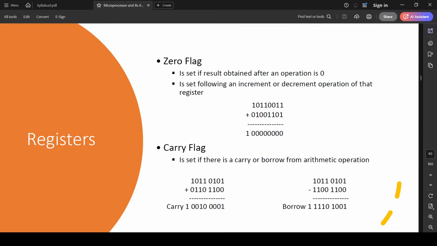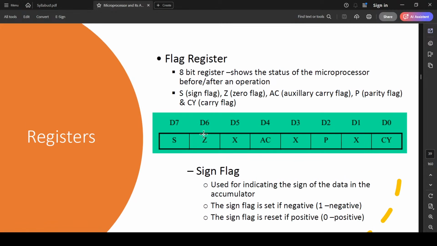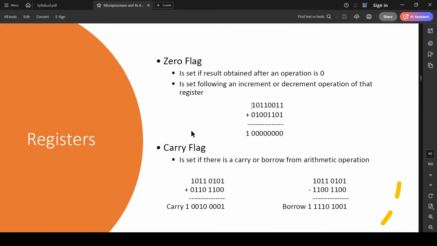So if you increment or decrement a number and the answer is zero, or after an operation the answer is zero, this Z flag will be set to 1. If the answer is negative, the sign flag will be 1, and positive, it will be 0. If the answer is all 0, the zero flag will be 1. Otherwise, it will be 0. Carry flag.